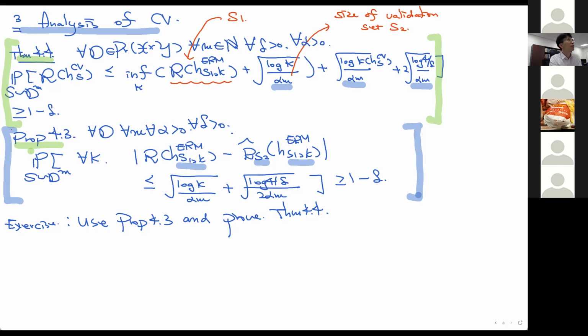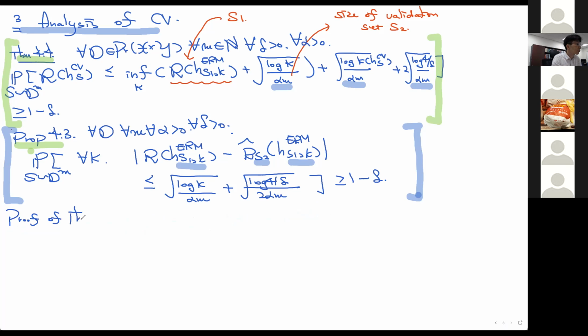Okay, so let me show you how we can solve this exercise. So, proof of 4.4. The proof is quite simple.